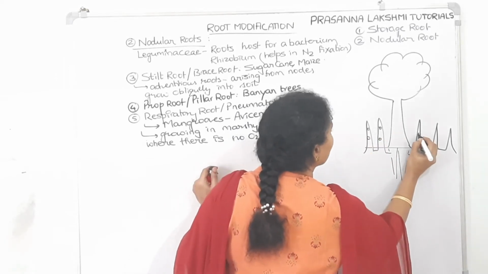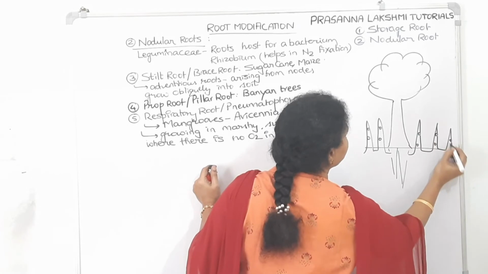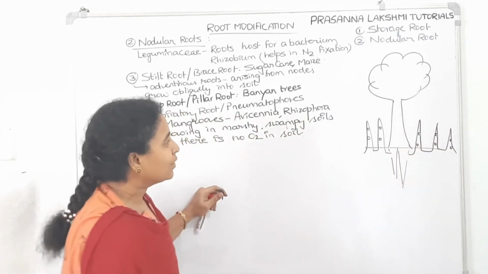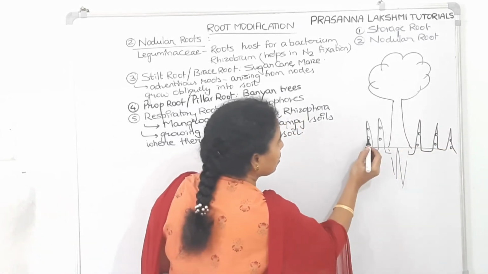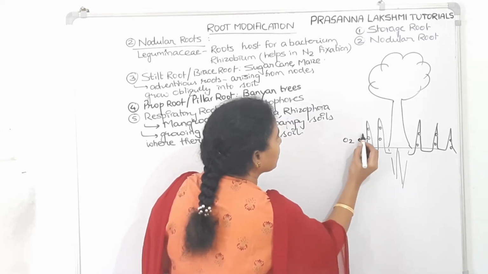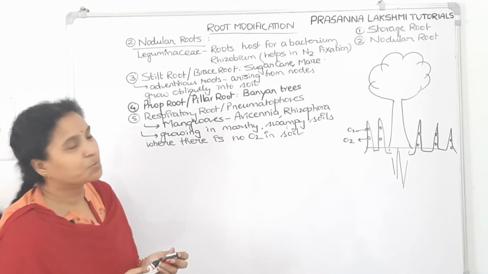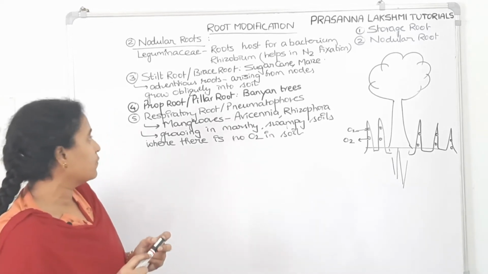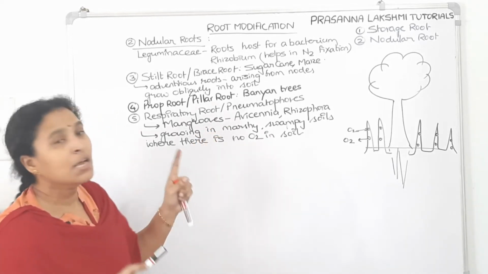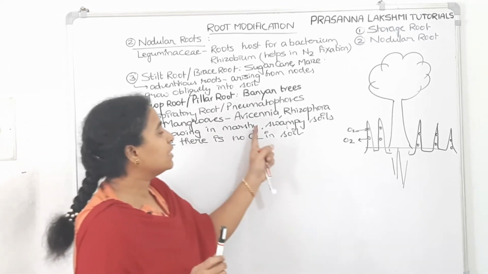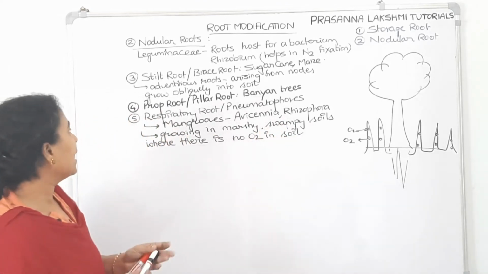The holes are called pneumatophores. Through this they will take the oxygen inside. So they are called respiratory roots or pneumatophores, which are seen in mangrove plants, which are seen in waterlogged soils. Avicennia and Rhizophora are the examples.